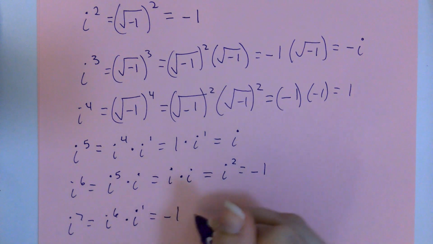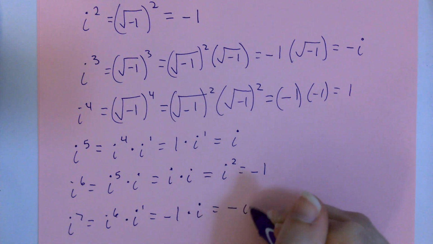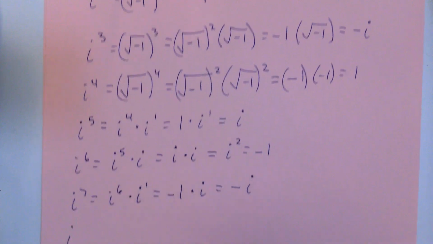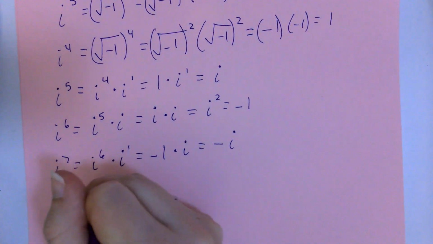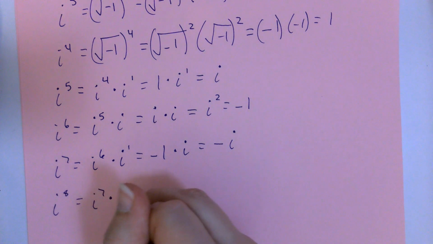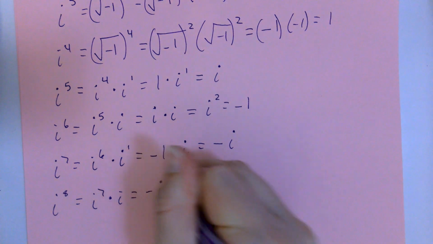So this is -1 times i, so it's just -i. And then i to the eighth power, same idea, it's going to be i to the seventh times i. And we know i to the seventh is -i, so we have -i times i.